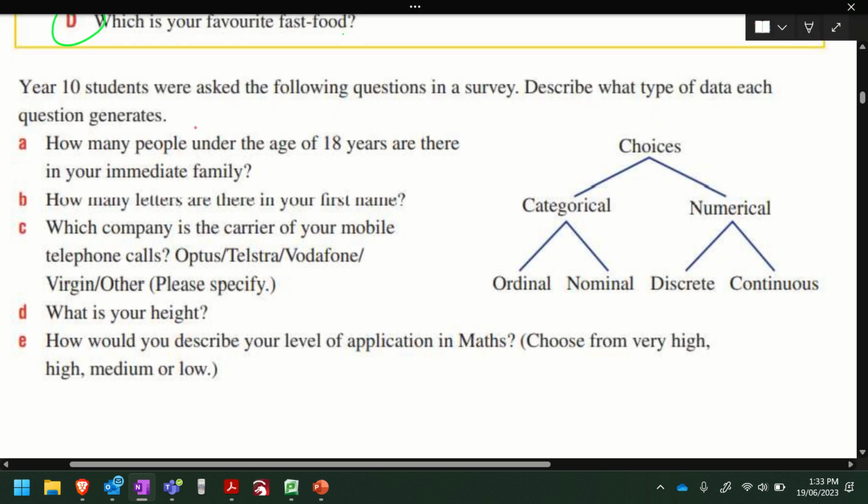Question A. How many people under the age of 18 are there in your immediate family? Is that a numerical answer or is it categorical? It's numerical. Okay, now, because it's numerical and you're counting the number of people in your family, is it discrete or continuous? Thank you, Abby.